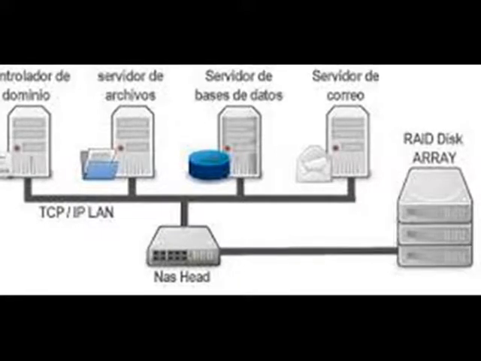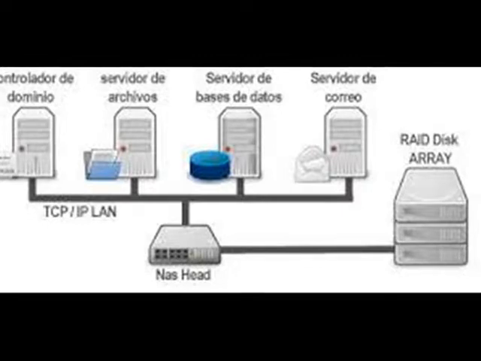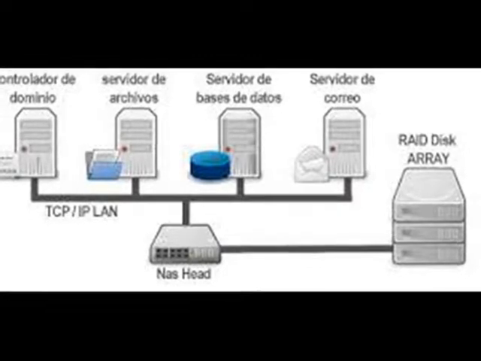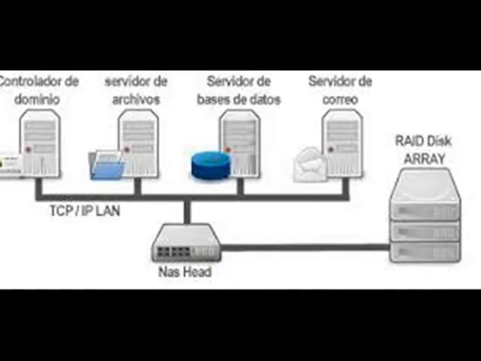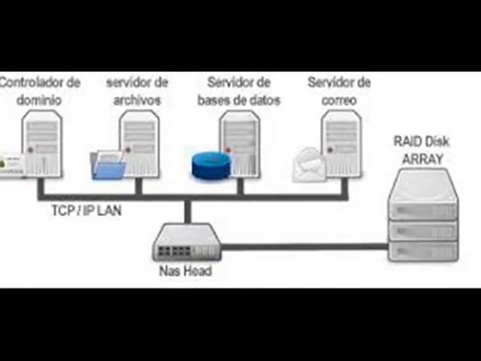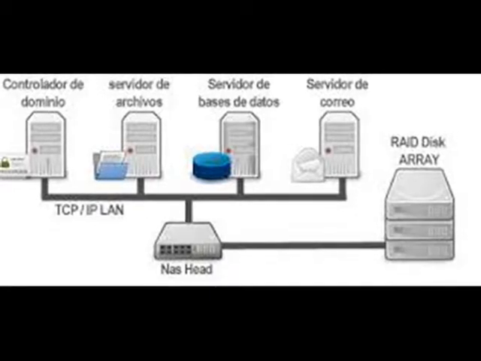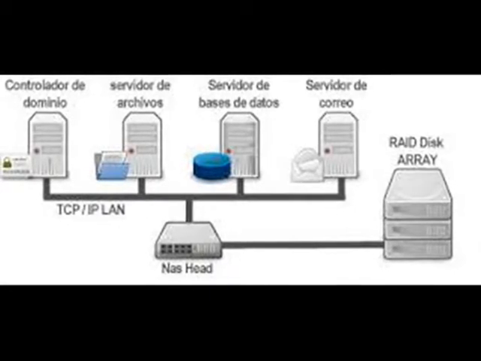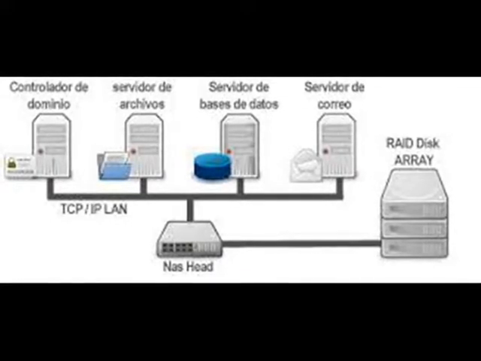In the client system, the application file access requests are handled by the client operating system in the form of system calls, identical to the system calls that could be generated in a DAS system. The difference is in how the system calls are processed by the operating system.